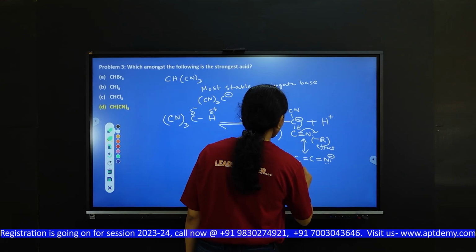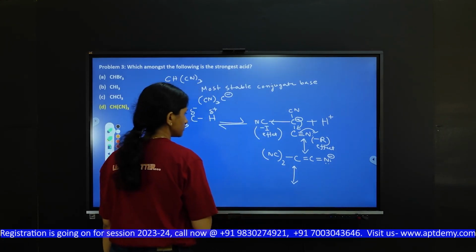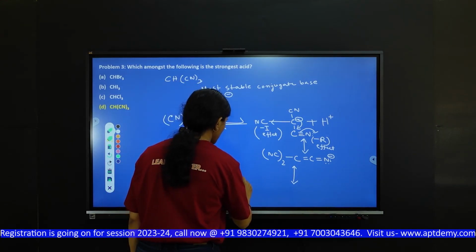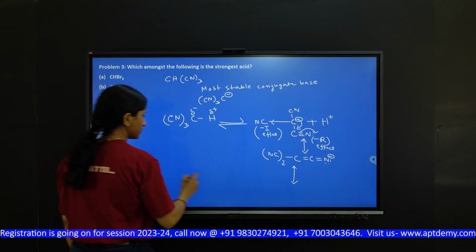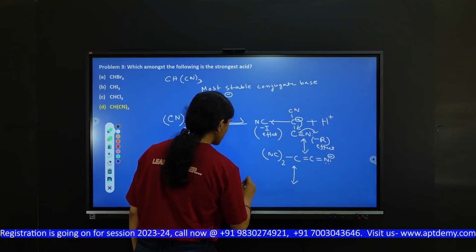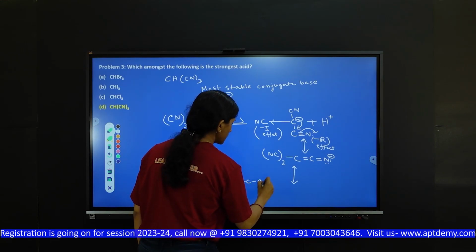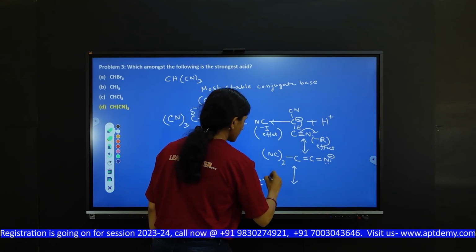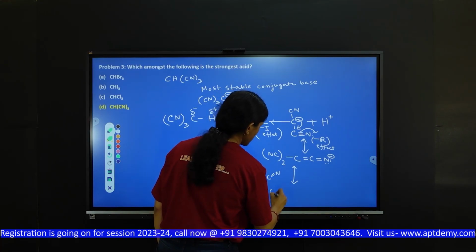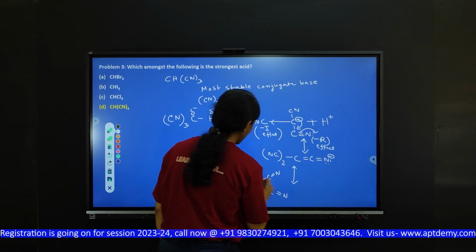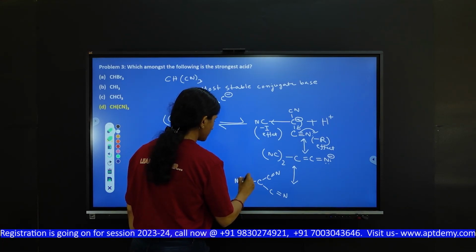Now, you can also draw this one in the following manner, maybe this way, C=N, C=N, C=N, and they are stabilized in this manner.